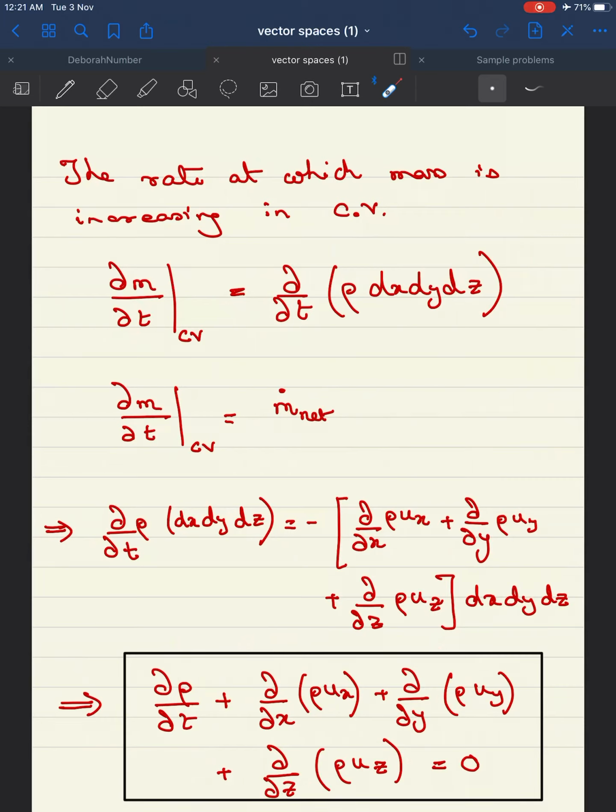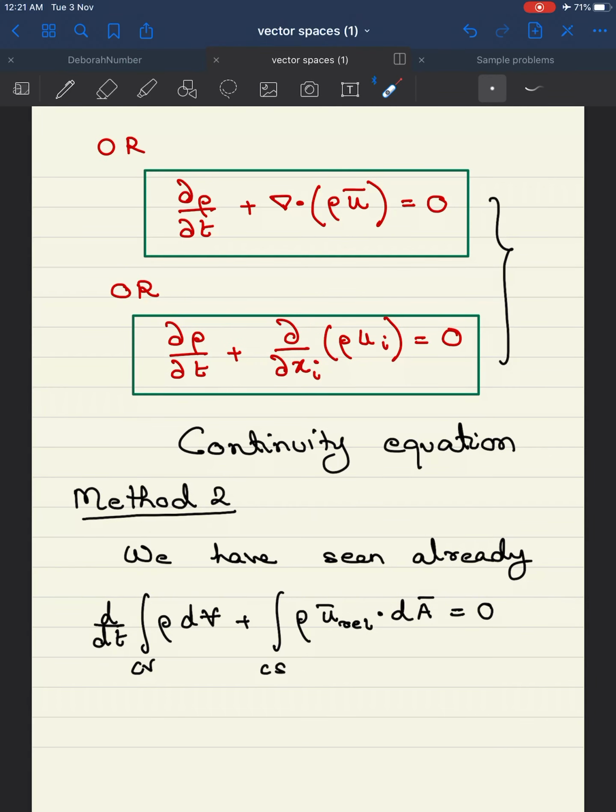But we had also looked at another way of doing the same thing, where we took the Reynolds transport theorem and went from there. So we looked at the integral approach, used that, and got the same equation.